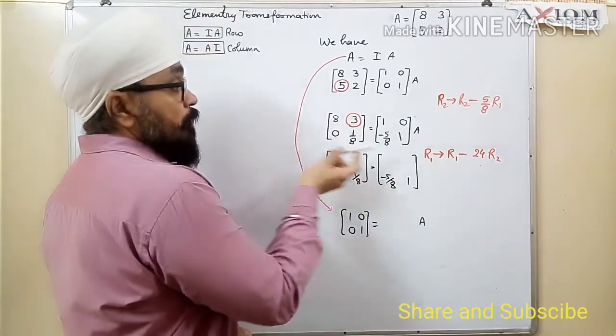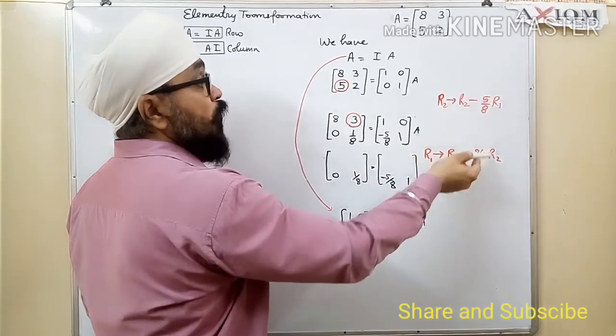What you will do, you are going to do R1 minus 24 times R2.